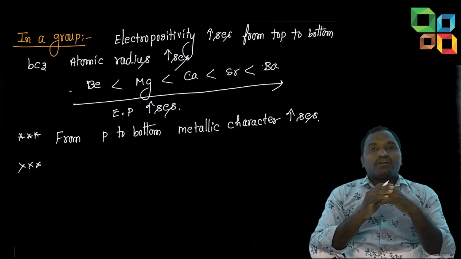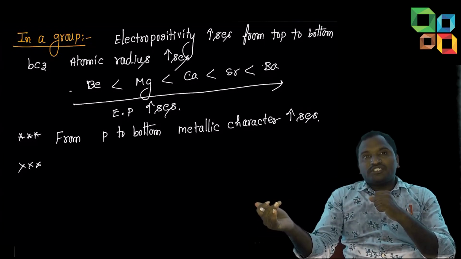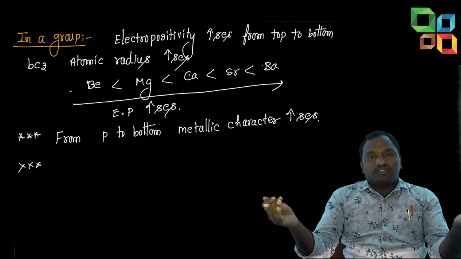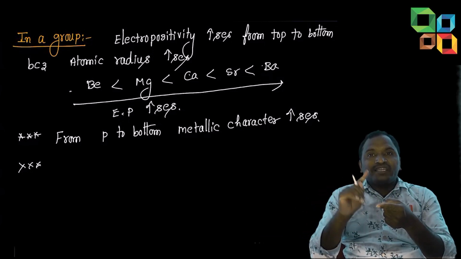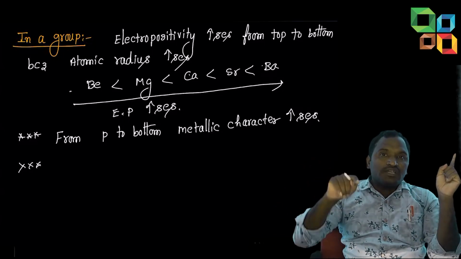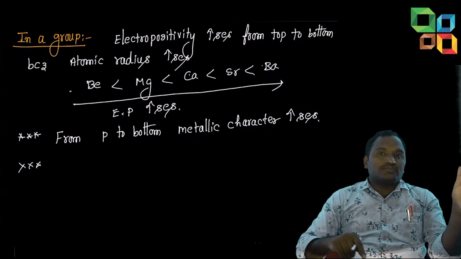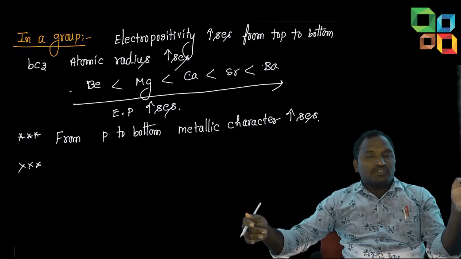So metallic oxides are basic in nature. More metallic oxides are more basic. From top to bottom, basic character of oxides increases because metallic character is increasing.